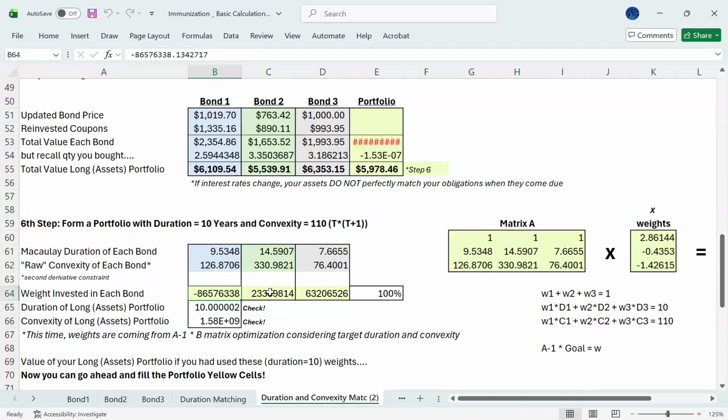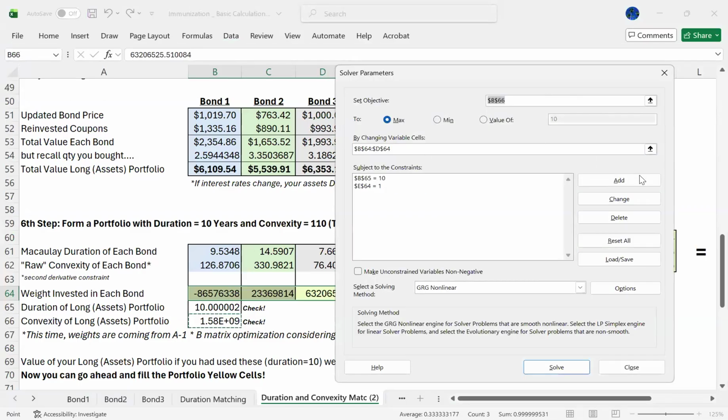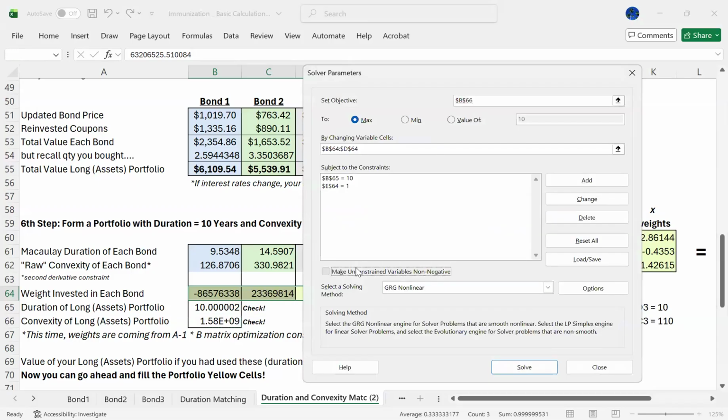The weights here also add up to 100. So let me add a couple more things to my problem here. I'm going to go to Solver again and let me add that unconstrained variables, we want them all to be positive.